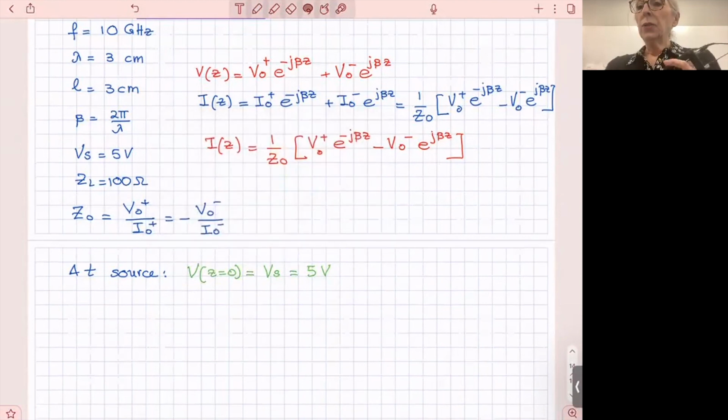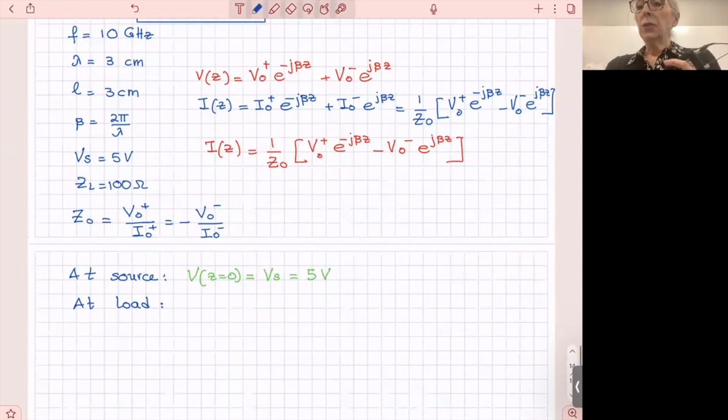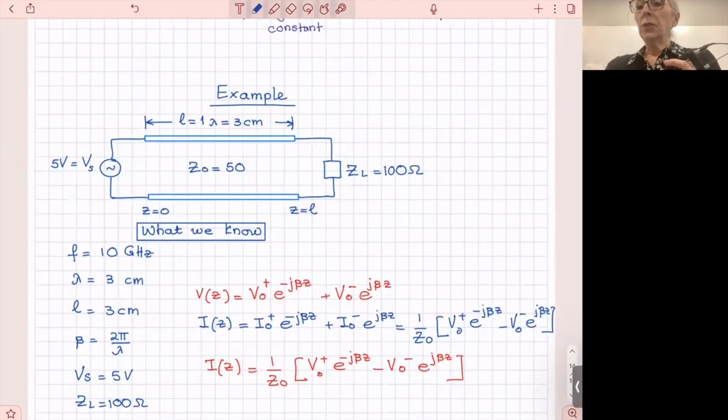What else do we know at the load? What relationship do we have at the load? From Ohm's law, the voltage across the resistor equals what? The resistor times the current that flows through, all right? Ohm's law.